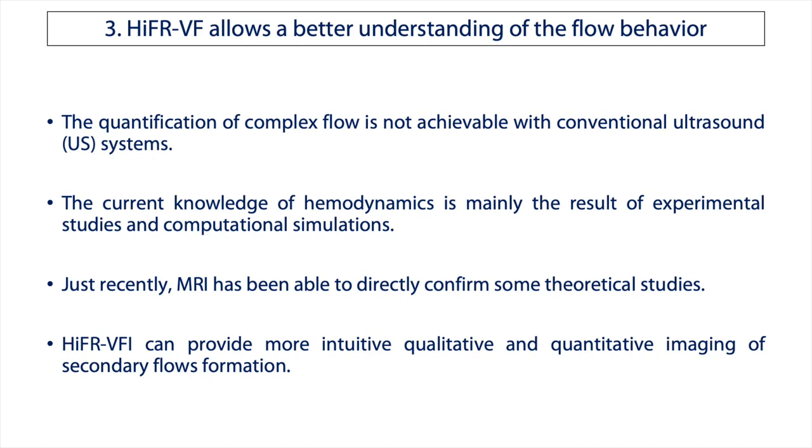Conventional ultrasound doesn't allow the quantification of complex flow. Our current knowledge is more theoretical and still lacks sufficient practical support. And high frame rate vector flow is more efficient in providing qualitative and quantitative information.